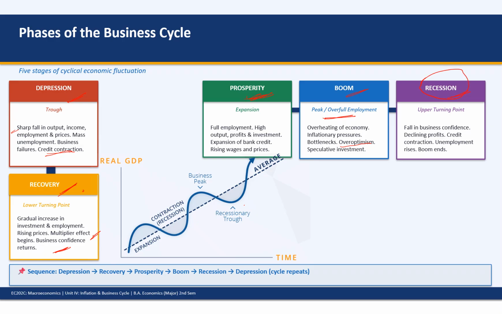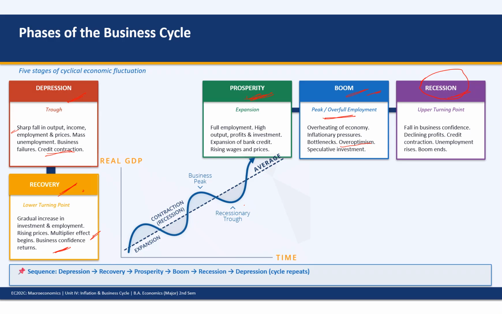Recession is the upper turning point where the boom ends. Business confidence starts falling, profits begin to decline, and credit becomes tighter. As orders fall, firms reduce production and cut jobs.